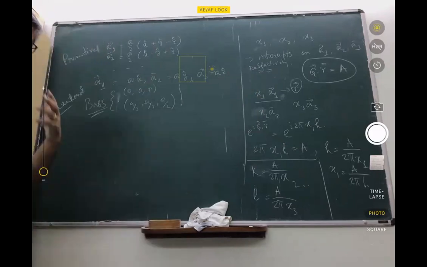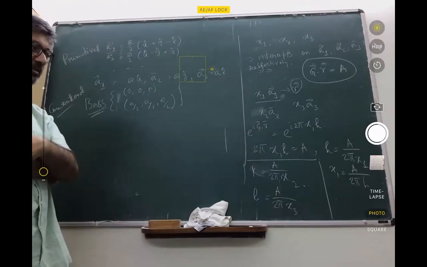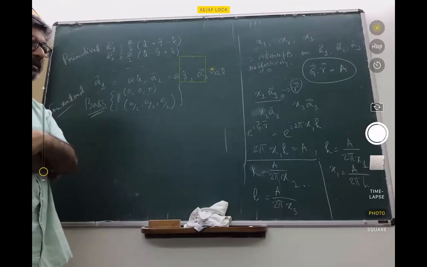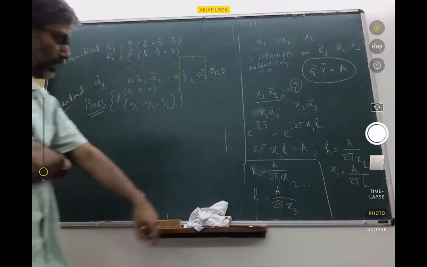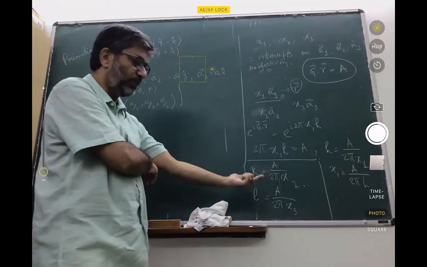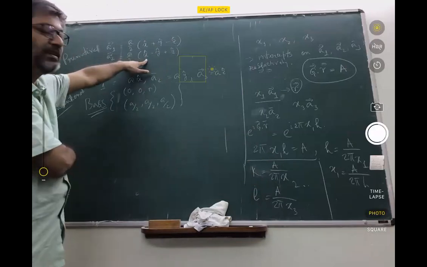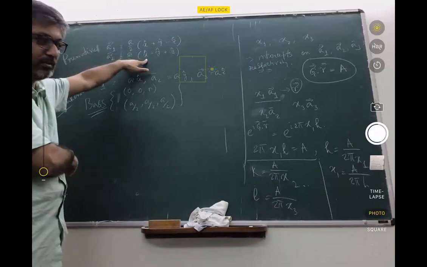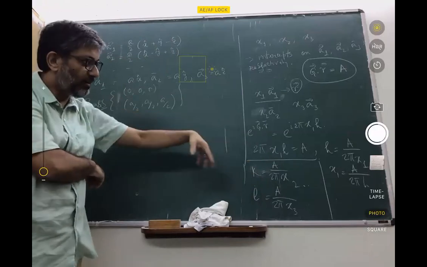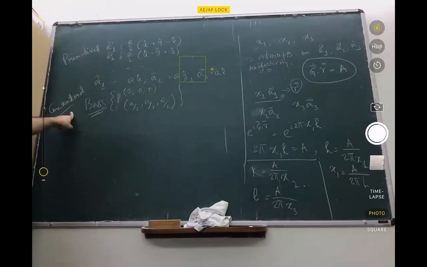So when one talks about the Miller indices of, let's say, FCC or BCC crystals, one typically does not mean these x1, x2, x3 to be the intercepts on these set of a1, a2, a3. No, they are taken to mean intercepts on the conventional cubic axis.